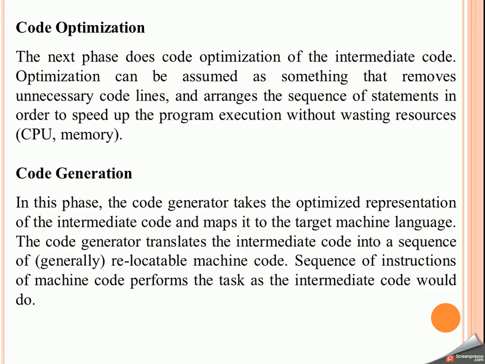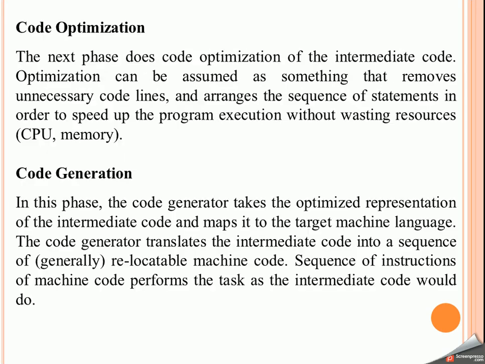When we talk about code optimization, it means program transformation techniques which try to improve the code by making it consume fewer resources. When we talk about resources, we are specifying CPU and memory, and delivering high speed. In optimization, high-level general programming constructs are replaced by very efficient low-level programming code.